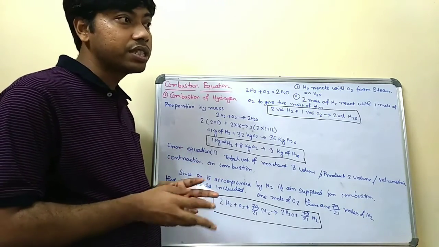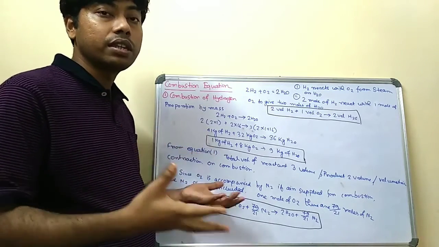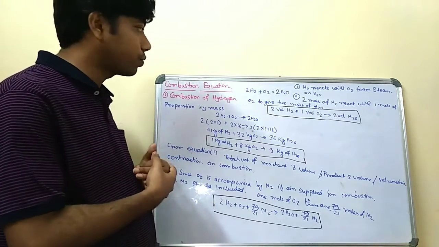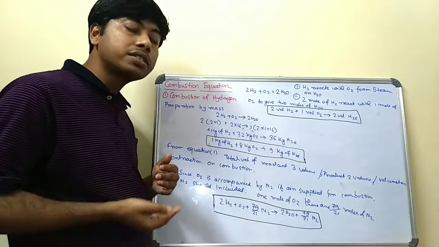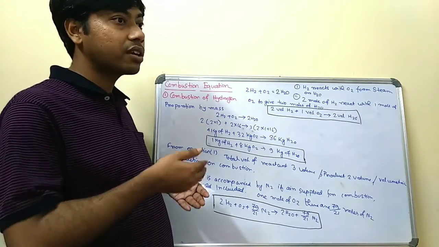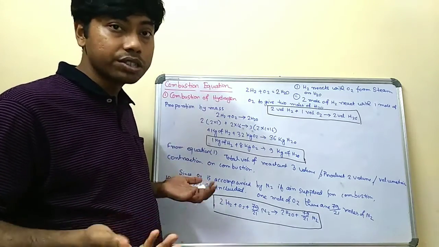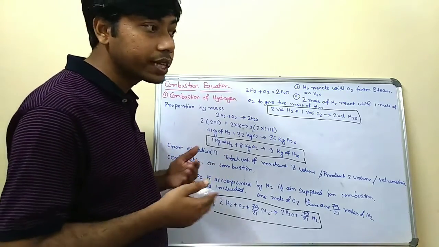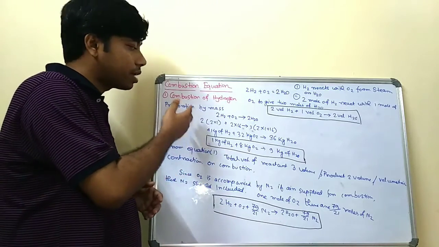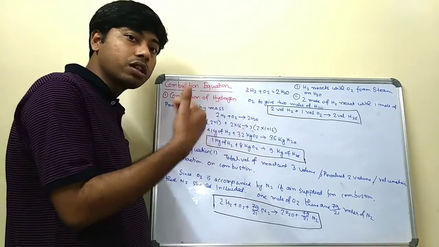Now, in the combustion process, we first have to analyze the combustion of hydrogen and of carbon with oxygen, because oxygen is the main agent that reacts with the hydrocarbon. The main components of a hydrocarbon are carbon and hydrogen, so oxygen has to react with hydrogen and carbon separately.